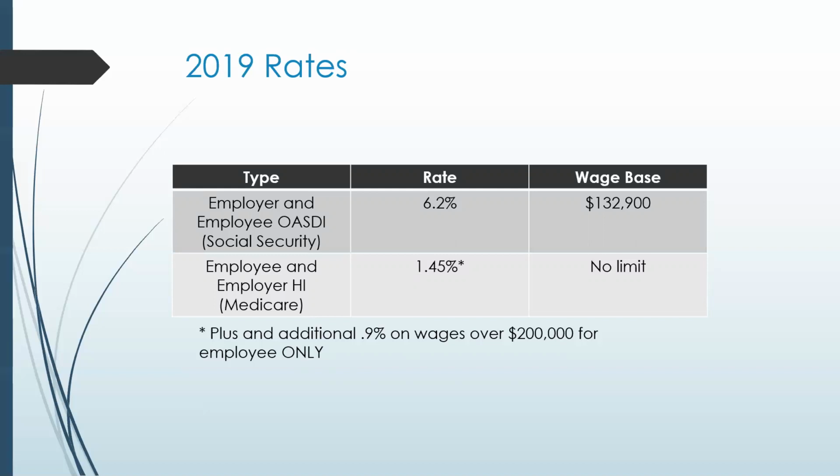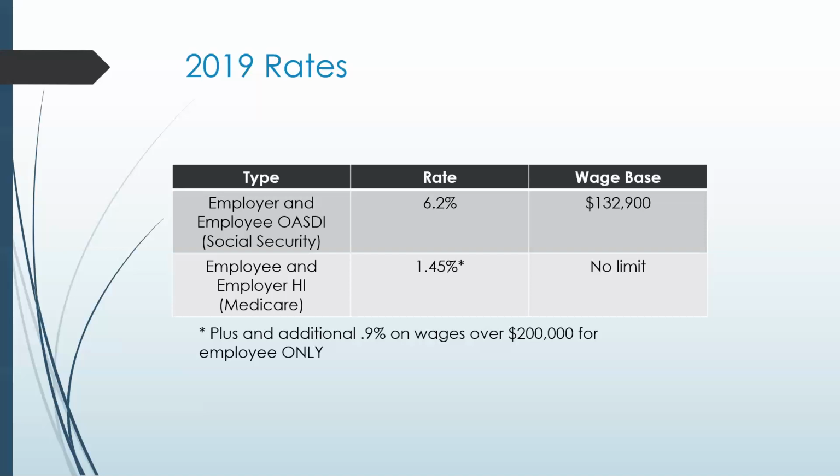Remember, OASDI has a wage base of $132,900. That means that you're only going to apply that 6.2% to wages up to that $132,900. Anything over that does not have any OASDI attached to it. Anything beyond that is going to be 0% as far as calculating the OASDI, but we're going to use that 6.2% up to that wage base.